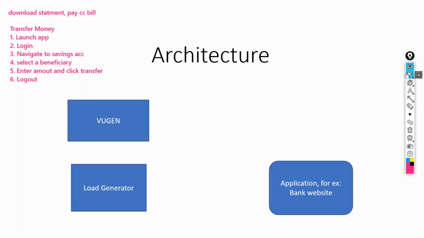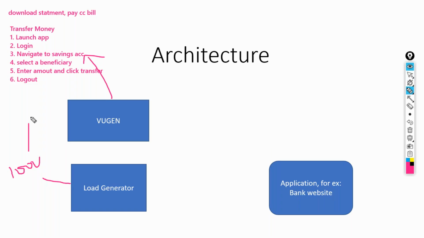Are we saying that we are creating a single script for the first user and we are asking Vusion to create the other 10,000 replicas for that user? No, we are creating a script, and this will generate some 100 users.